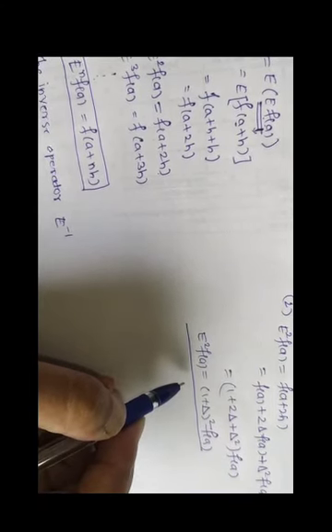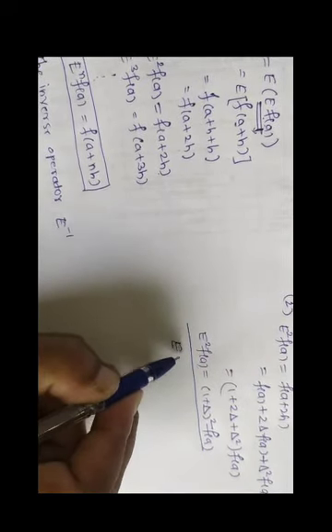So E square f of a is nothing but this. Cancelling f of a on both sides, that means the operand f of a on each side, we get E square is equal to (1 plus delta) square. Remember this thing? Because we know that E is 1 plus delta, so E square is (1 plus delta) square.